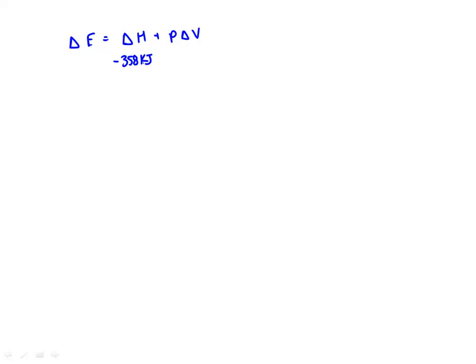And then the second part is we have to calculate our P delta V work. The reaction took place at 1 atmosphere, and the change in my volume was minus 60 liters. So the very first thing I'm going to want to do is convert that to kilojoules.